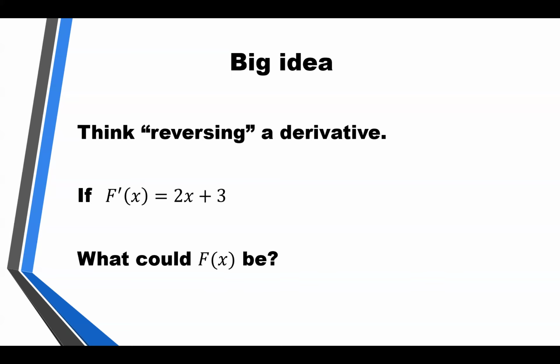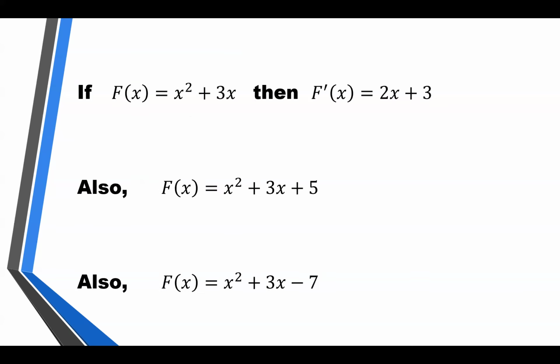What could that original function be? Well, it turns out if we had set the original function to x squared plus 3x, then using the basic common derivative techniques, the derivative of f would have been 2x plus 3.